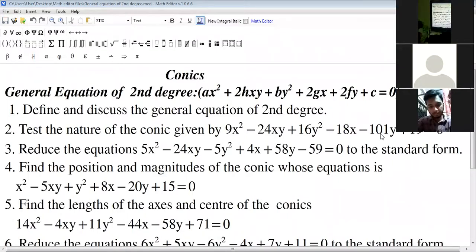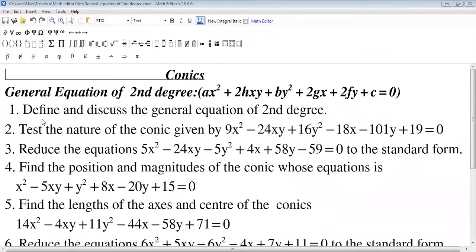So today we have solved some problems of the general equation of second degree related to conics. The general equation of second degree, this is the standard form: ax square plus 2hxy plus by square plus c equals to 0. Comparing with this standard form, we have solved this.